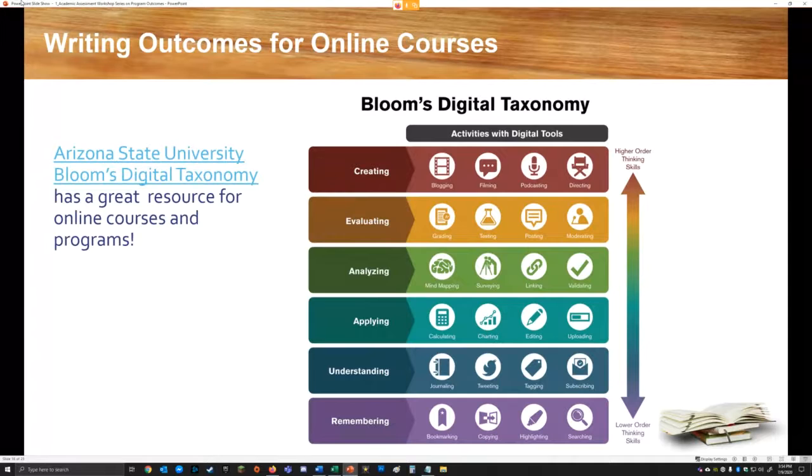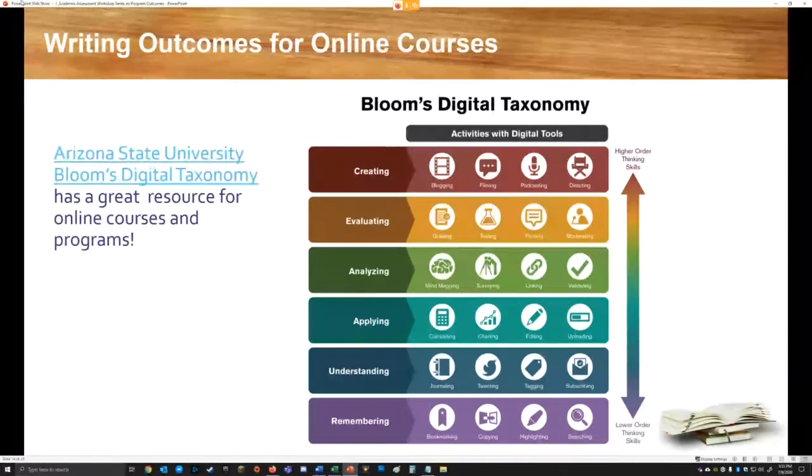So I would highly recommend taking a peek at that. One of the verbs that they put, which I thought was funny, under remembering, was Googling. So they included Googling in Bloom's digital taxonomy, and I thought that was humorous, but actually very accurate to what our world is.